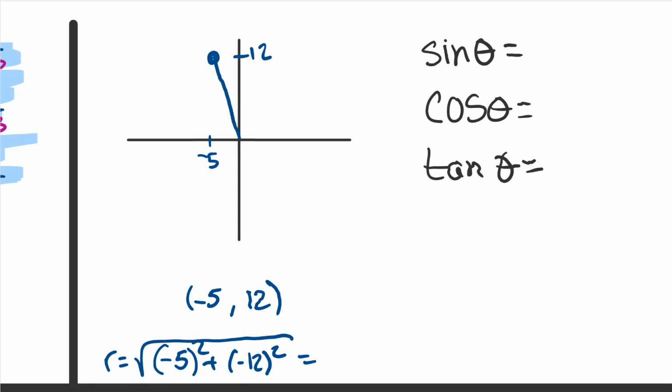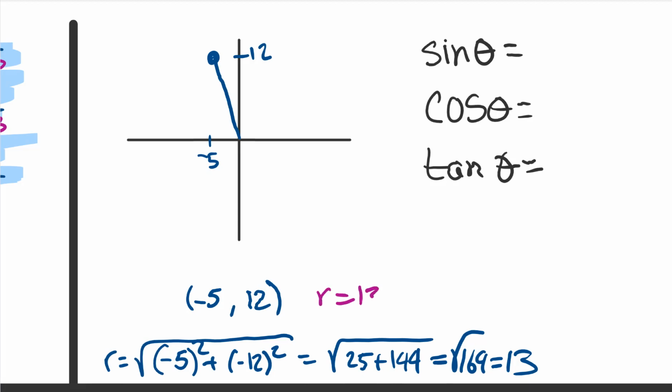X squared plus y squared. Well, what happens when you square something? It turns positive. It's the same length. It's the radius. It doesn't matter where you put it, it's always going to be the same. If you still have 5 and 12, it's the same radius. We're going to have the square root of 169, equaling 13 again. So our radius is equal to 13.